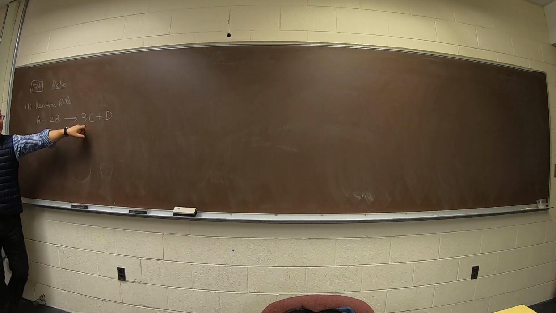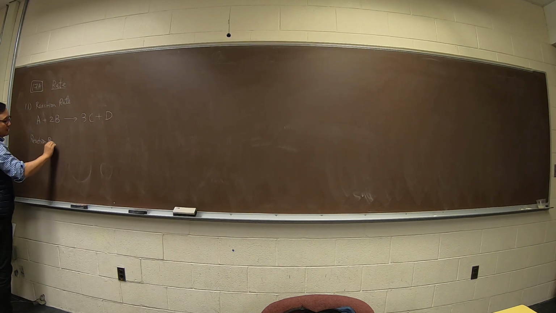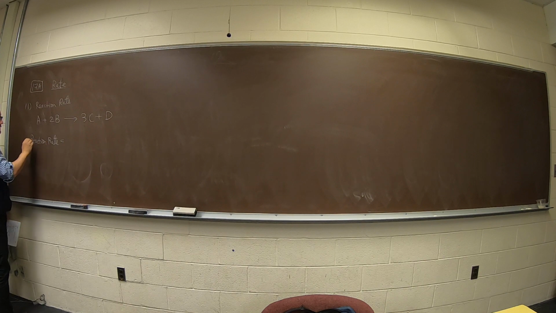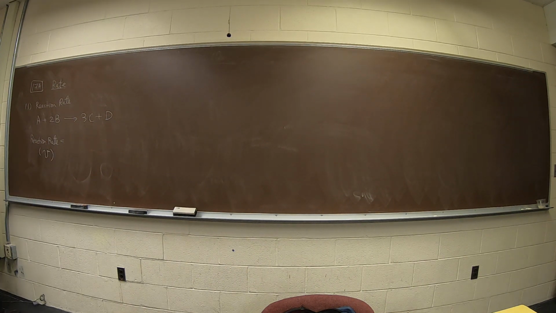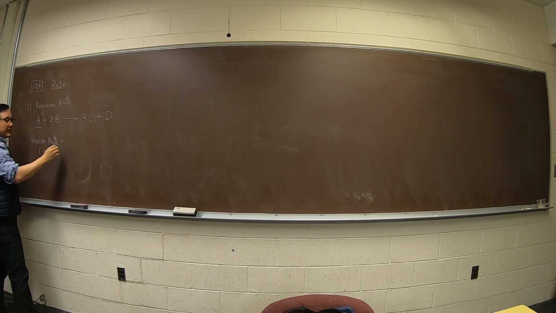And they're producing at a different rate. So the rate of production and the rate of consumption are different. And the reaction rate, quote unquote, we also call it V. A is being consumed, so the concentration will go down.